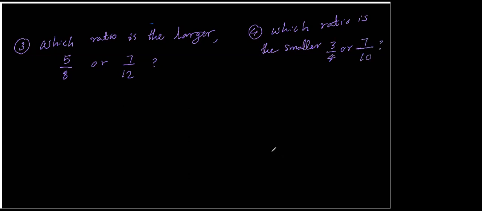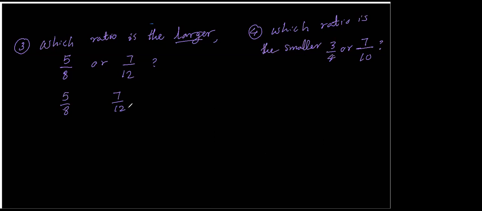From this you have to check the smaller one. So how can we find it? This is the larger one we have to find now. So write two ratios. I have given here 5/8, 7/12.